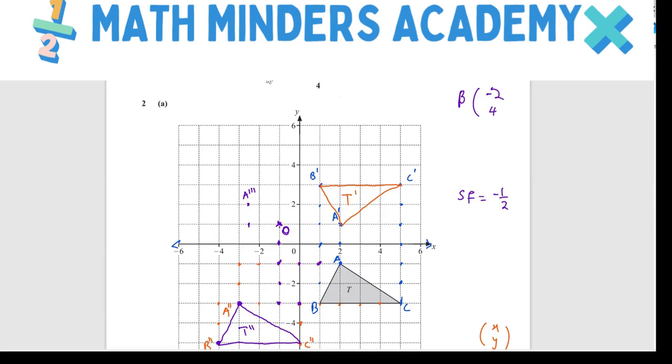We have 4 here. For us to locate this image, we are going to use this movement.